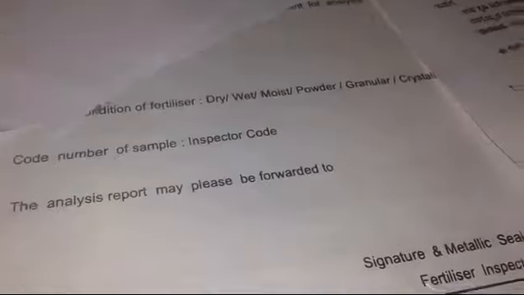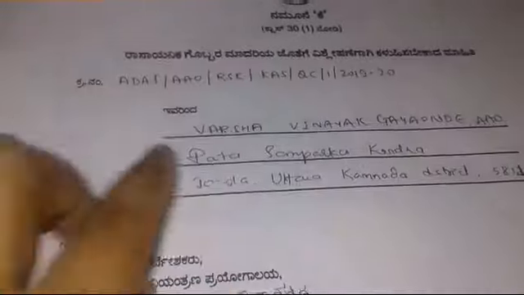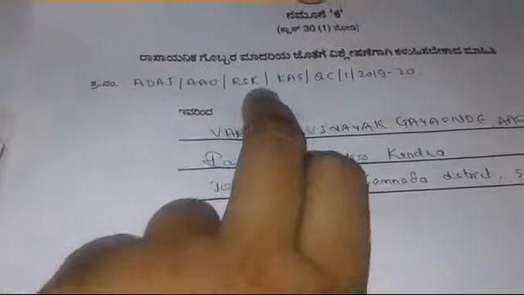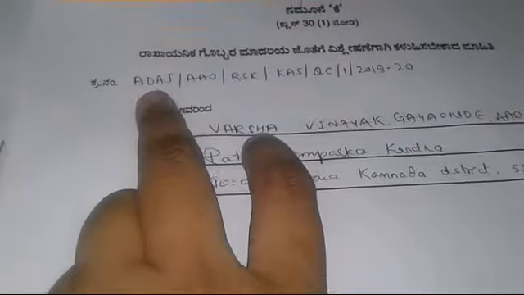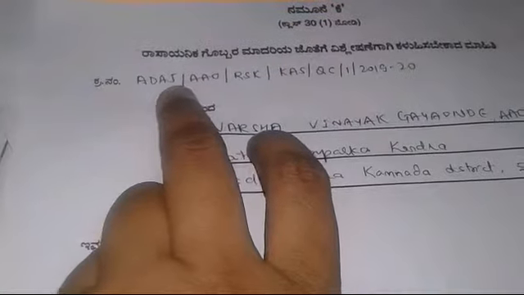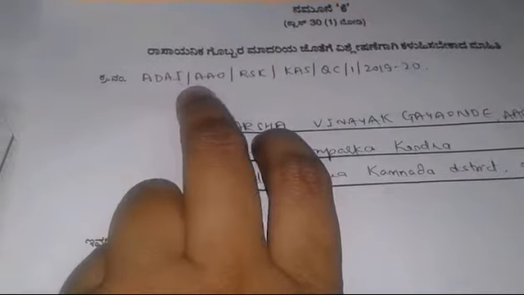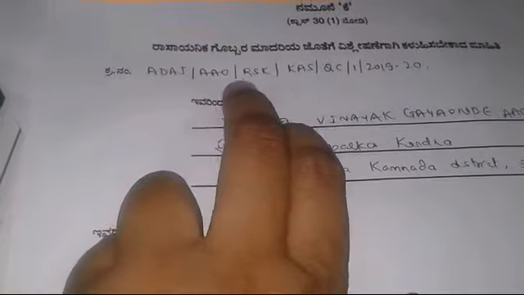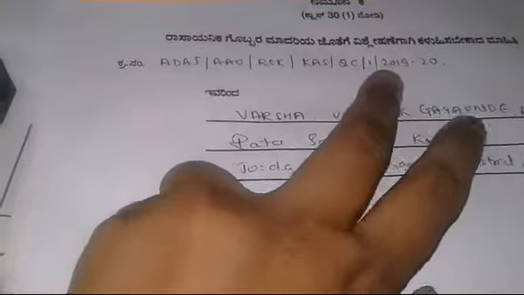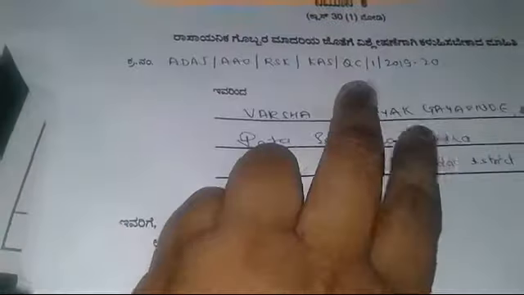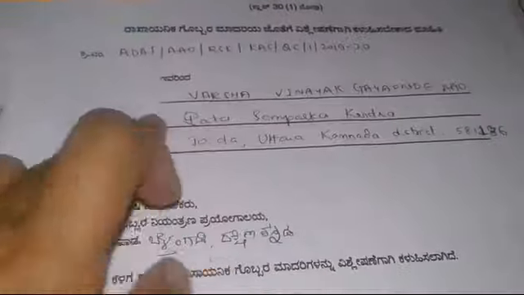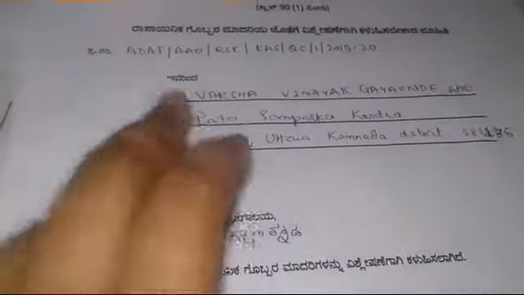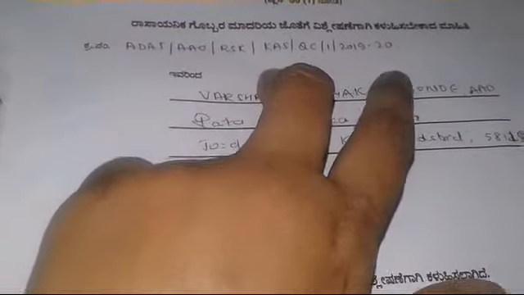Okay, and in form K you should clearly mention a serial number. For example, I have given a serial number like ADAJ, where J means Joida. Likewise, you can give your particular place name, AO, RSK, KS, like this year is mentioned here. Likewise, you can give clear information about your RSK and the place where you are working.